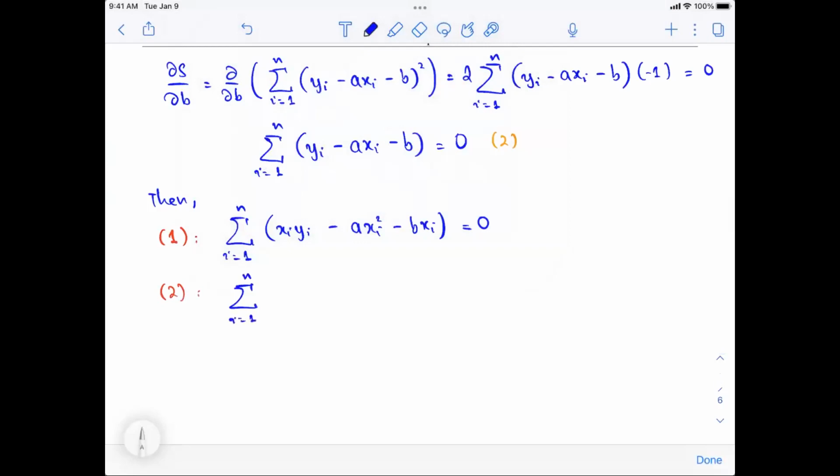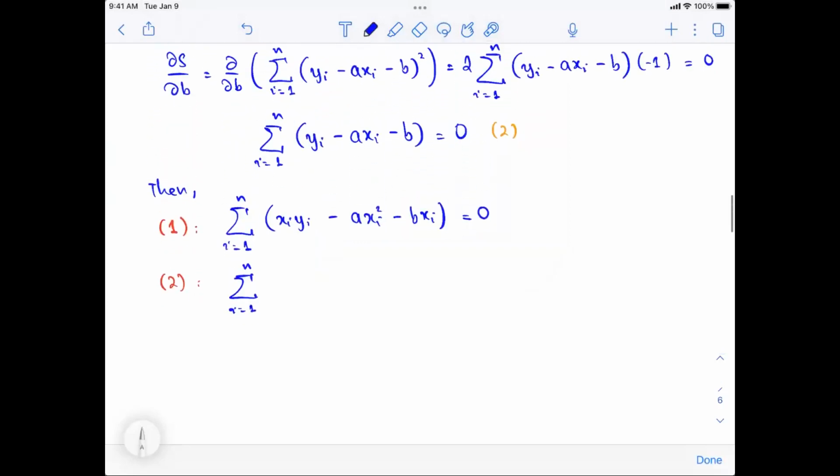Summation for i going from 1 to n of y_i minus a times x_i minus b equal to 0. Now you break the summations.